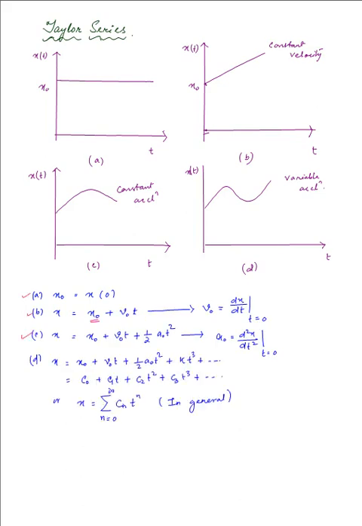coefficient of t raised to the power m, then the coefficient Cm can be determined, as was in the case of these two terms, that is v naught and a naught, which were the coefficients of t and t squared.